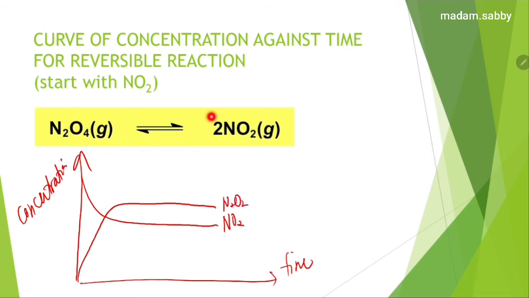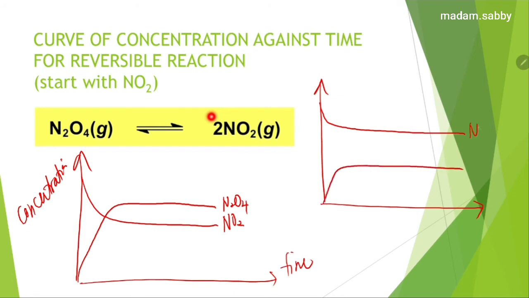So these are my N2O4 gases. It looks the same, but sometimes you can see the plot to be like this. N2O4 and this one NO2, with time and concentration. It's actually the same kind of plot. The difference is in terms of scale.